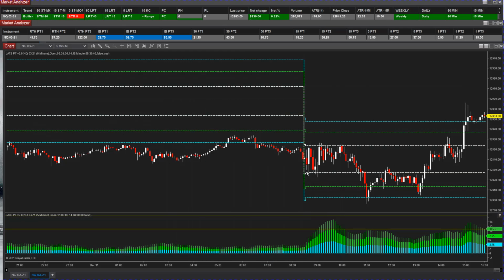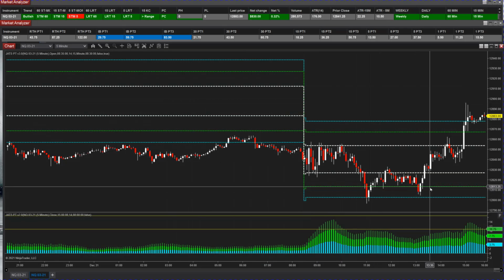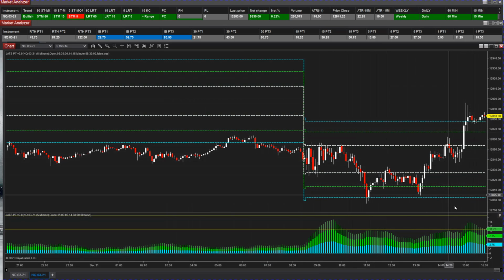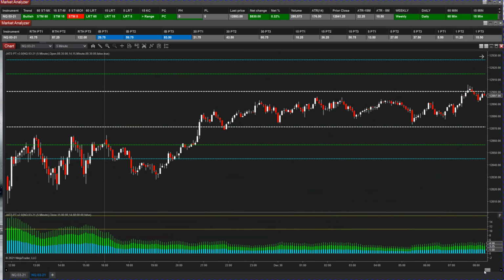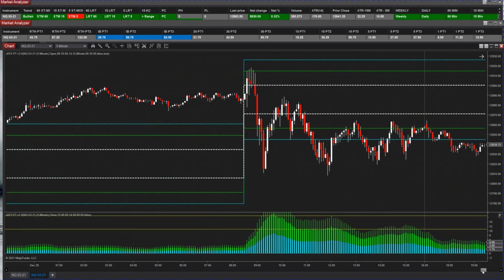And now we can see the range pretty darn good. I mean, you see how these algos work? And if it expands, if it gets out of the range and runs, that's what ideally we want to see.